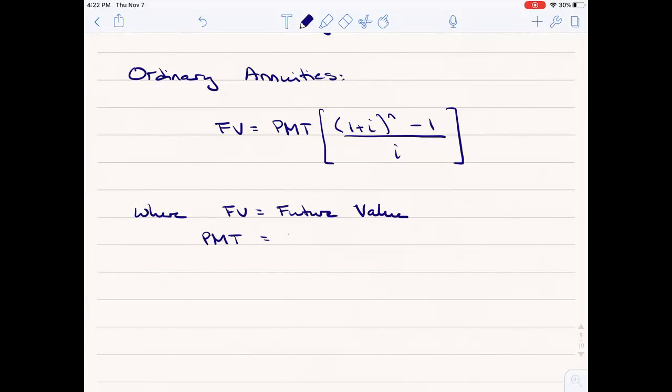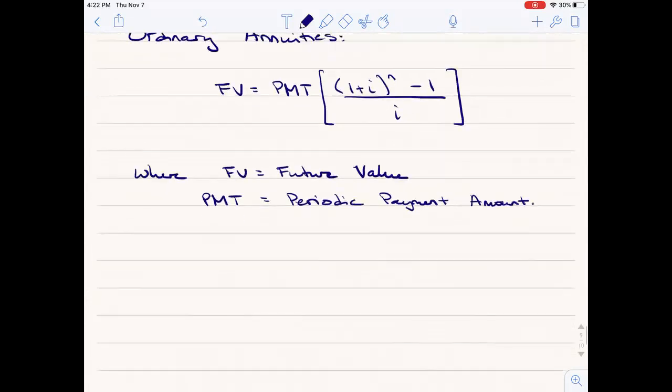PMT is the periodic payment amount. I is the periodic interest rate.